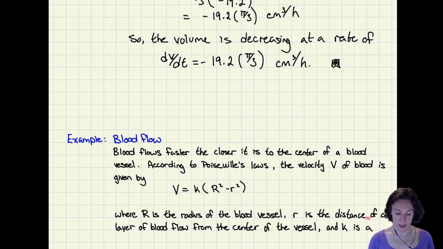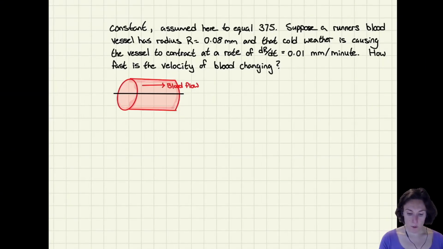And then the little r is the distance of a layer of blood flow from the center. So and then we'll read this in a second. So suppose that you have blood flowing through here. It's going to be fastest along the center. And as you move out, when you finally hit the wall, the velocity is going to be equal to 0.